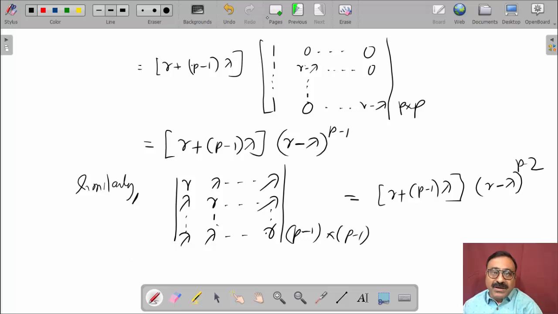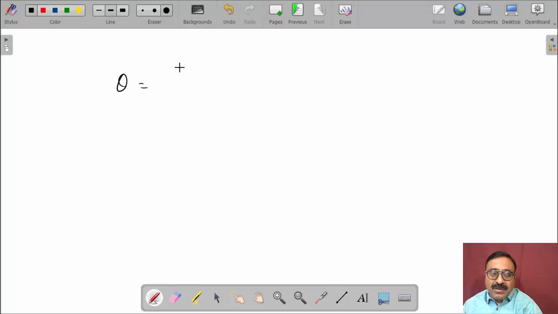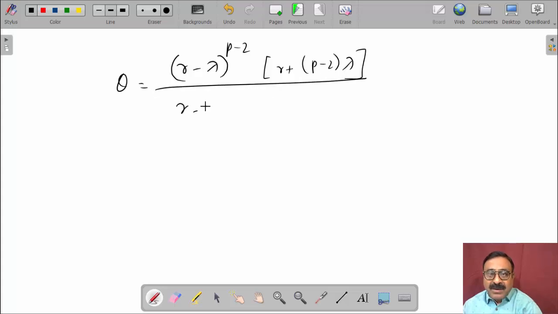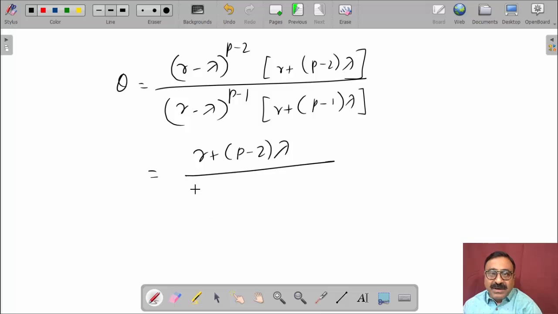So we get theta equal to R minus lambda to the power P minus 2 into R plus P minus 2 into lambda, divided by R minus lambda to the power P minus 1 into R plus P minus 1 into lambda. So theta equals R plus P minus 2 into lambda divided by R minus lambda into R plus P minus 1 into lambda.